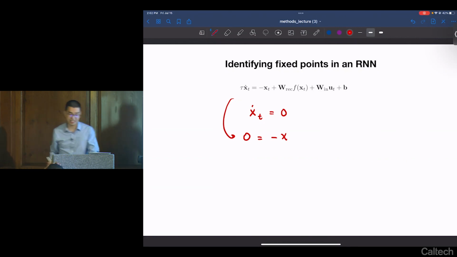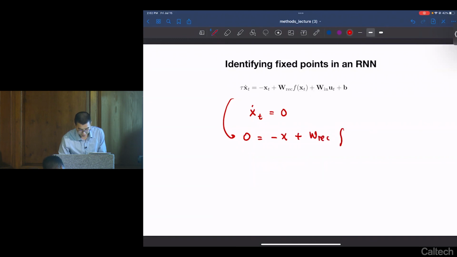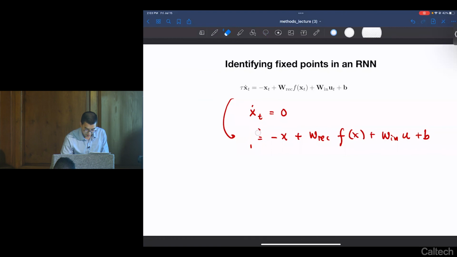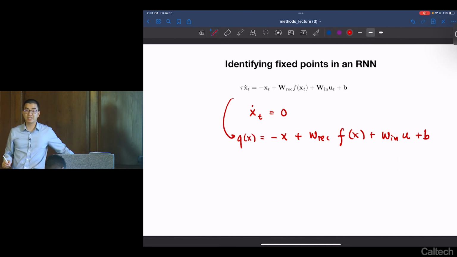So I'm just going to leave the t subscript off the x, plus w recurrent f of x, plus w in u plus b. And I'm going to now call this function q of x. And what I want to then do is solve for states x such that q of x is equal to 0.